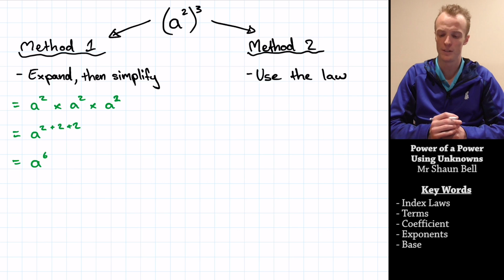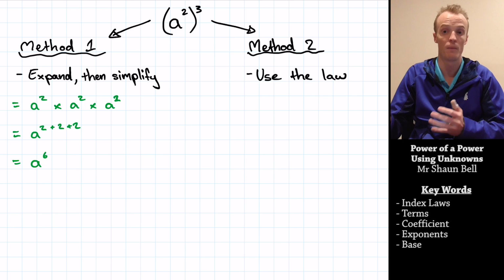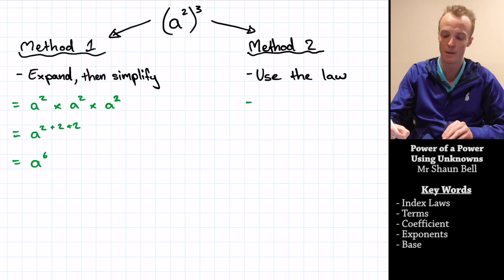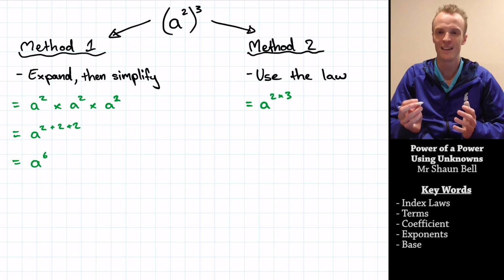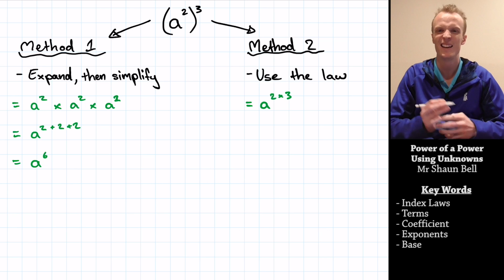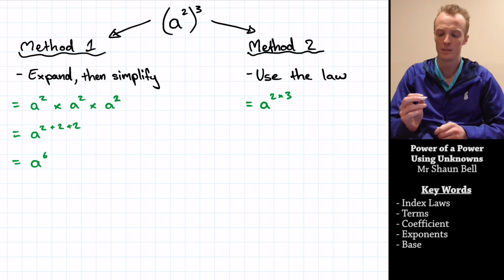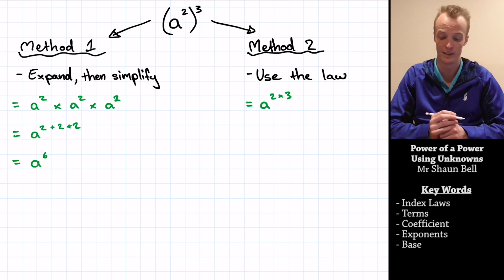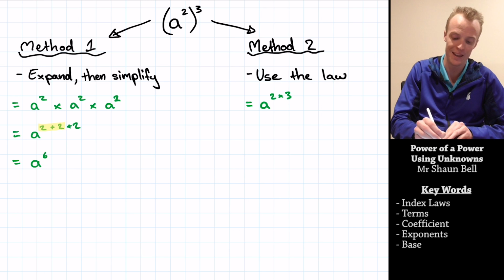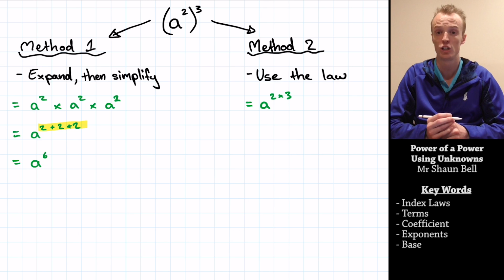Alright, so what happens when we use the law? Well, the law says when we've got a power raised to another power, we keep the base, in this problem a, but we multiply the exponents. So that's going to be the power of 2 times 3. Now if you think about it, looking over the left here, this kind of makes sense because multiplication is repeated addition, and what we've got here is repeated addition.